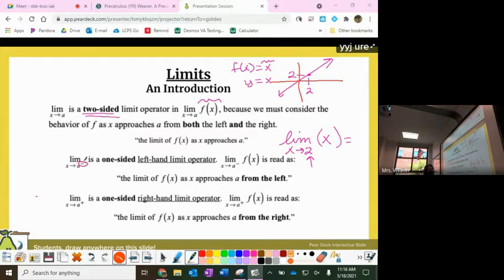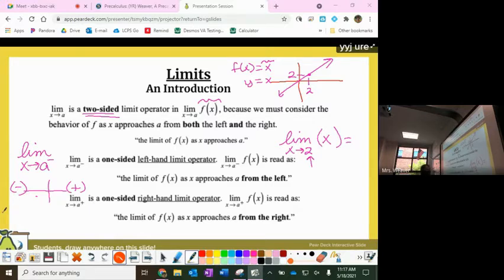Okay, so this says the limit as x approaches a from the negative. Now, this has a negative in the exponent's position, so let me write this a little bit bigger for you. The limit as x approaches a, and the negative sign indicates that we're coming from, if you think about your positive numbers on the right and your negative numbers on the left, that means we're approaching from the negative side, or from the left side.